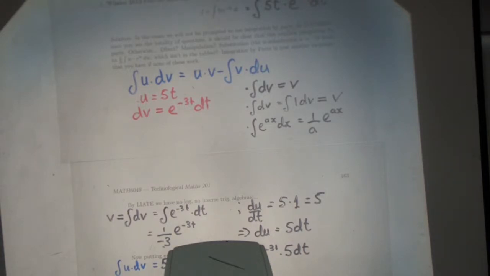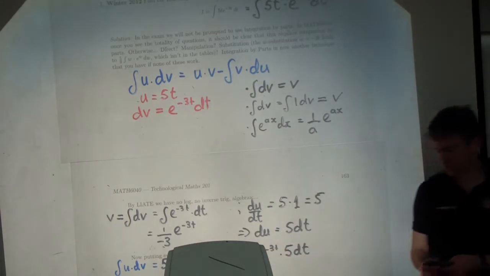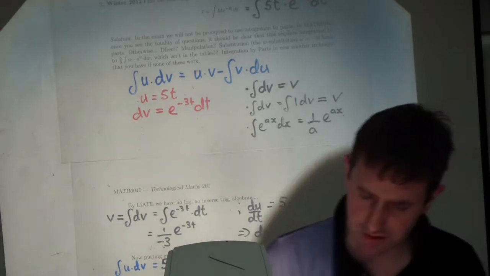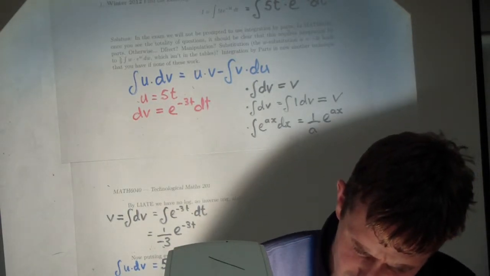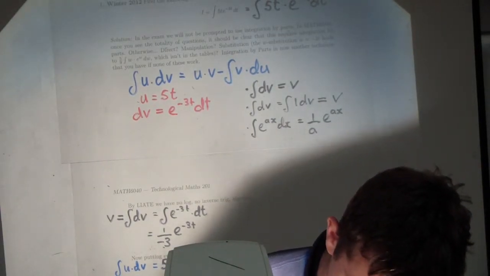Now this isn't finished. We can tidy it up a little bit. The first term there, the 5t, you can imagine it being plus. What about the sign of the second thing? It's minus. So you got a plus by a minus, which is minus. That minus is with the minus 3 there. Essentially you can take that out as a constant if you want. I'll write this bit quite small, it's going to be a bit short on space.